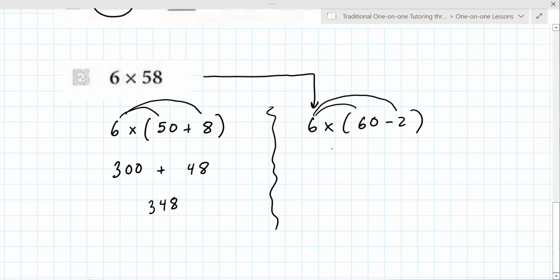Sometimes you draw these lines, or like you said, you think of dealing cards. 360 minus 12 is also 348. So see how they both work? There's times when it is better to do this on the right, but we'll probably stick to this on the left. Okay, so if you understood that, let's have you try number 4.